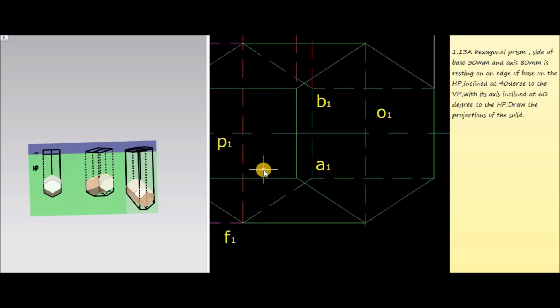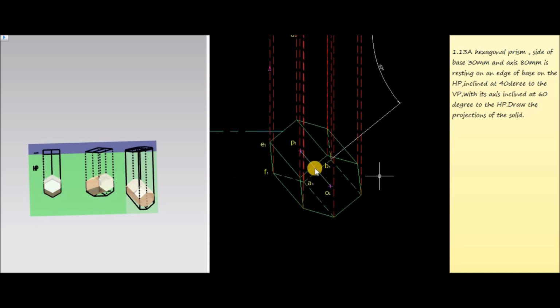We have to mark all the bottom corners here by taking dimensions from the second top view. Mark A1, B1, C1, D1, E1, F1, etc. And also the top corners here, again P1, O1, which is the axis of the hexagonal prism.